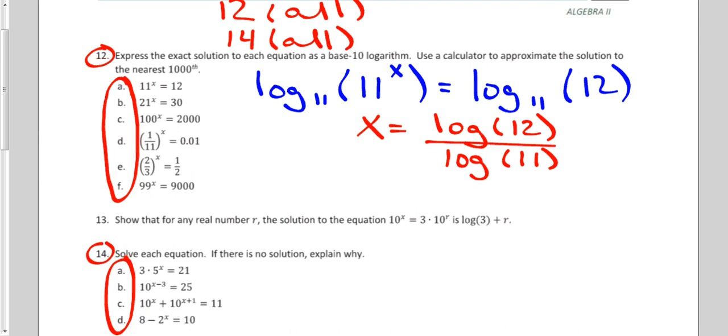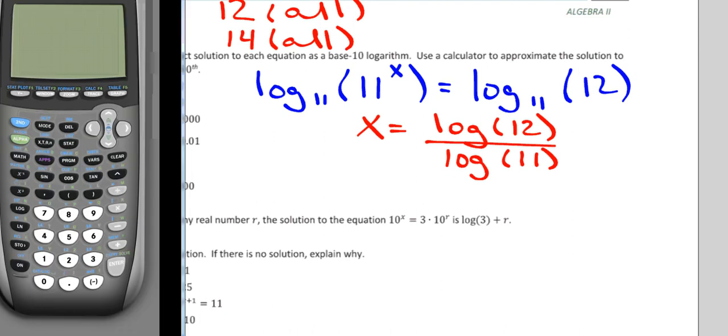So let's do that. Let's do log base 10 of 12 divided by log base 10 of 11. So, log of 12 divided by log of 11.